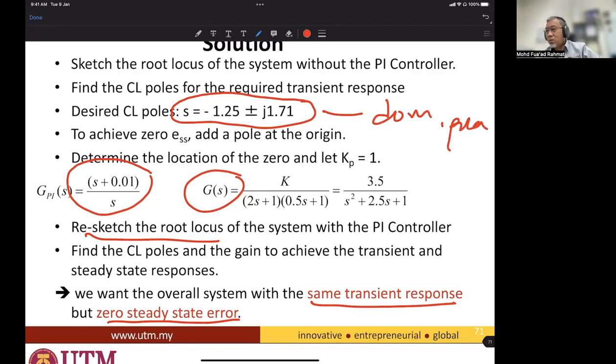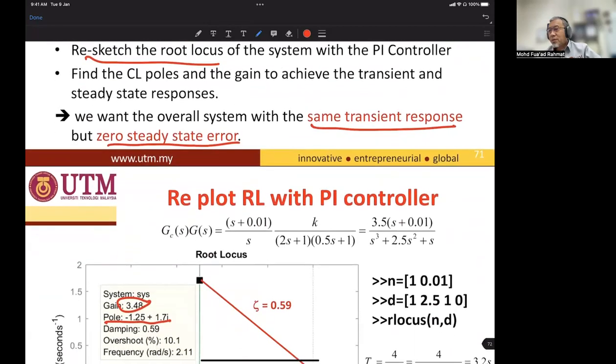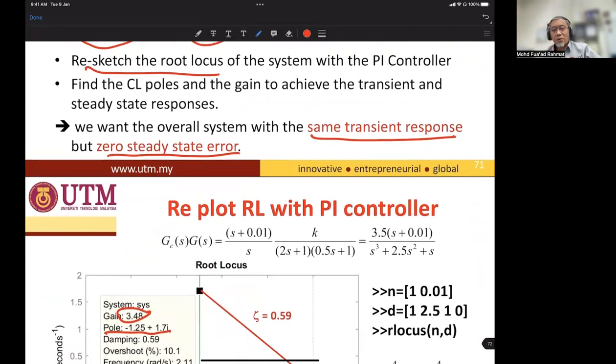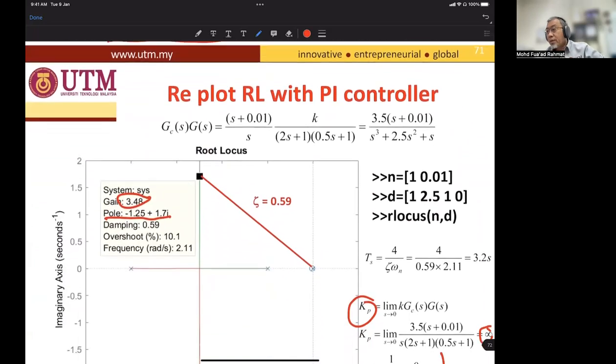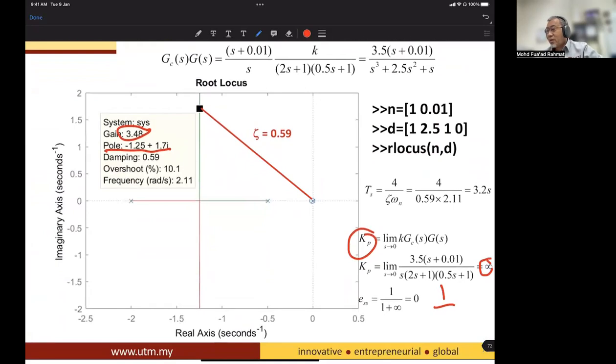Then we introduce the PI and multiply it with the open loop transfer function, and we want to see the overall system. The replot of the root locus gives the same transient response and zero steady state error. We plot again, so we get 3.48 confirmed, minus 1.25 plus minus J1.7 confirmed, and the error is equal to 0, which is 1 over infinity.